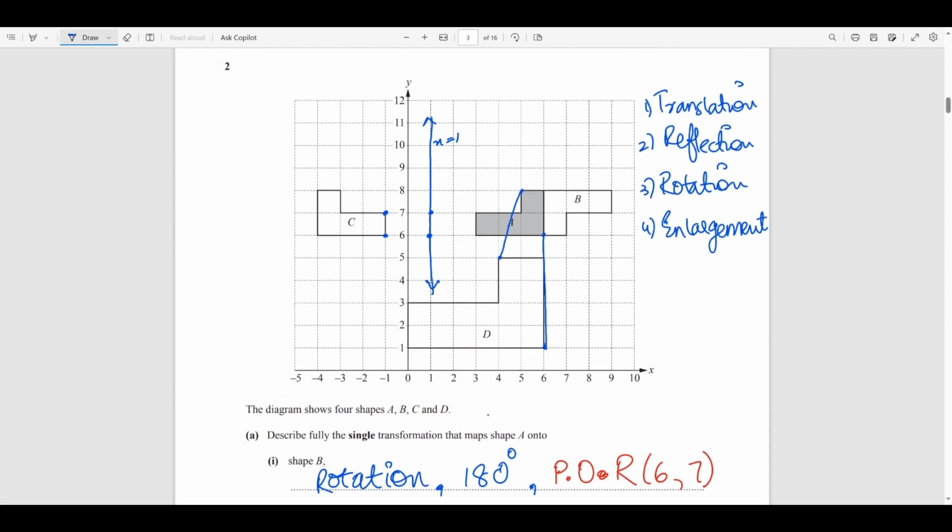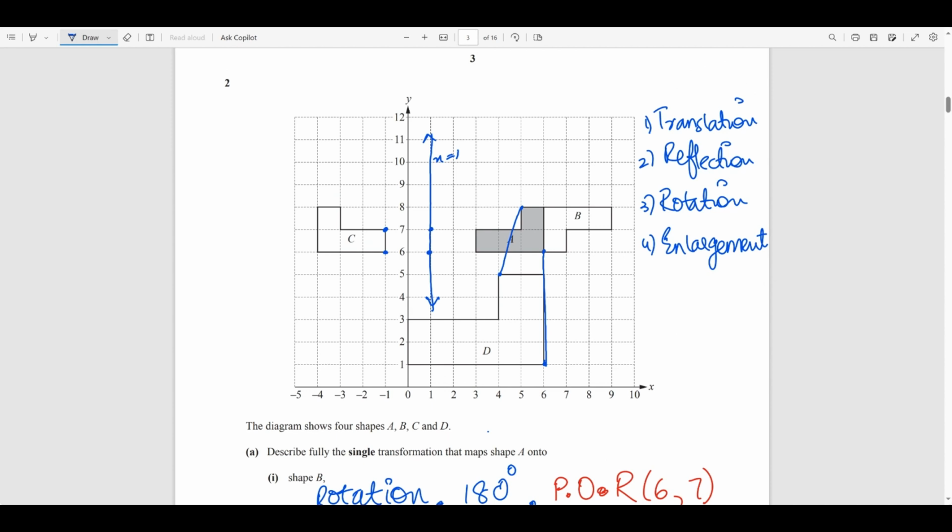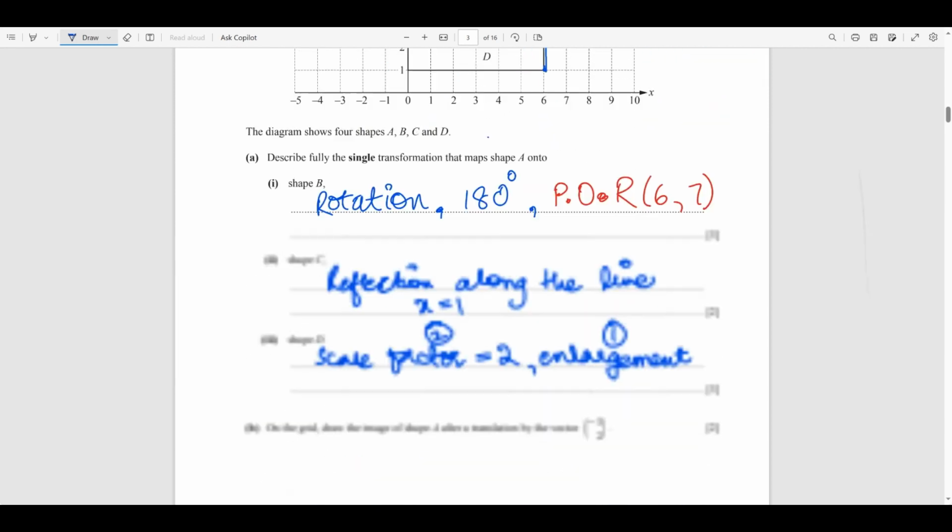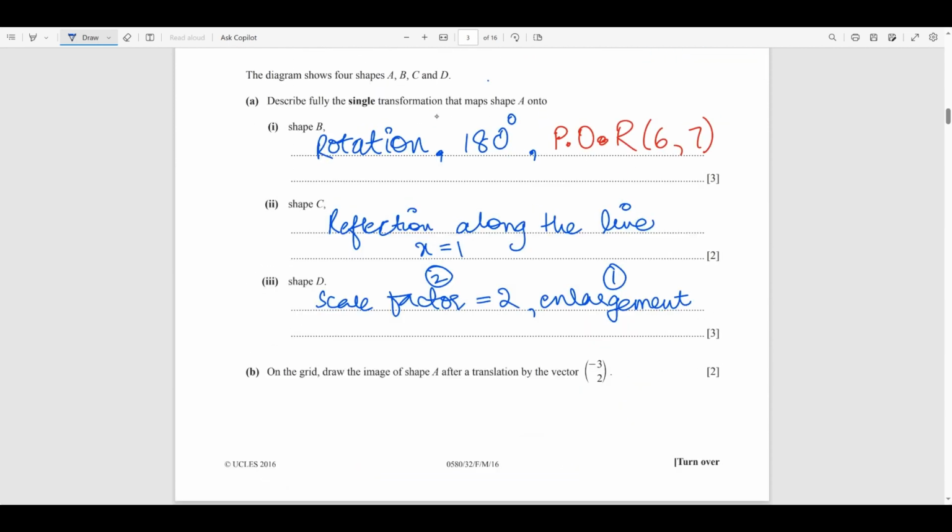Because they don't intersect within this area, I'm going to extend the lines and see where they meet. My lines are not straight, so this is roughly my point. This is (6, 10). So the center of enlargement is (6, 10).